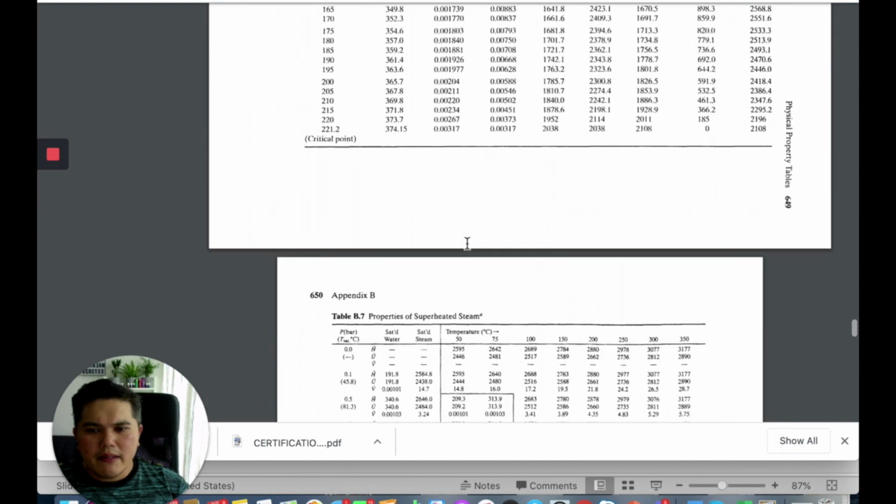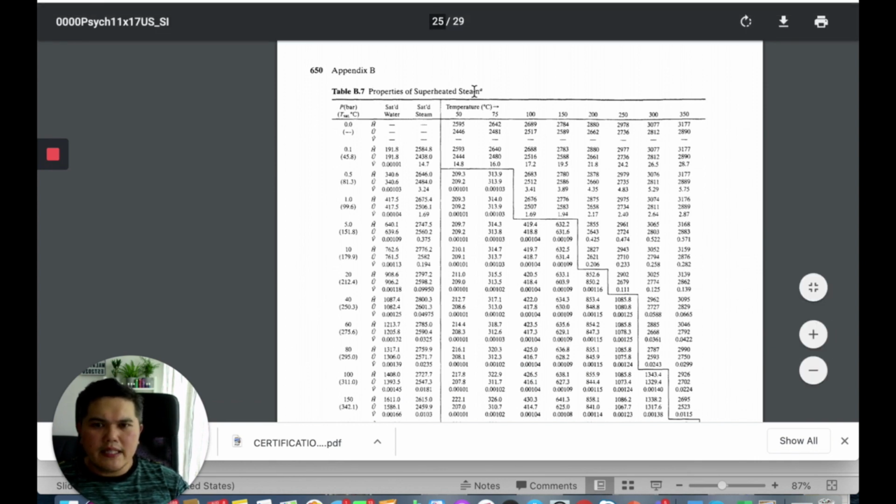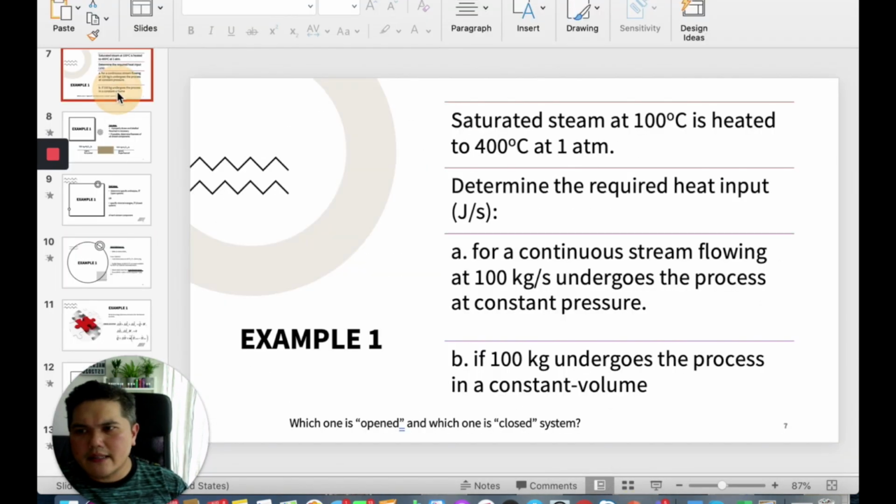When we go to table B7, it is the properties of superheated steam. This is what you're being told: superheated steam. You are given a pressure initially. The pressure in the problem is given as constant, at 1 atm.